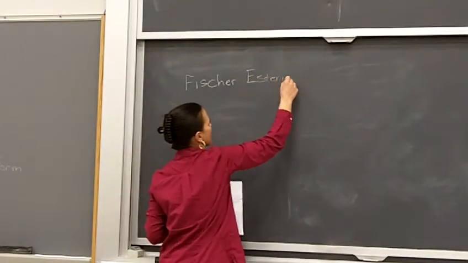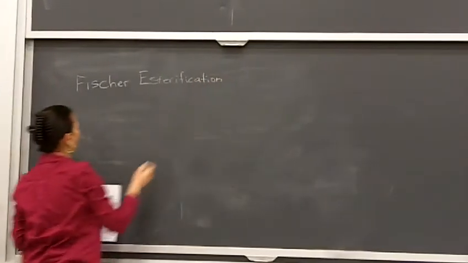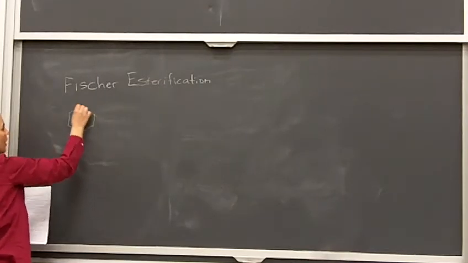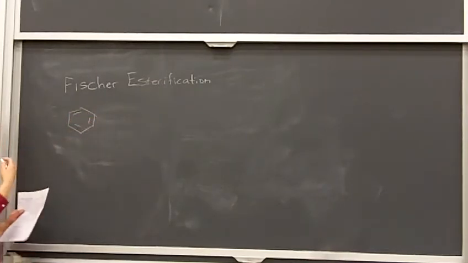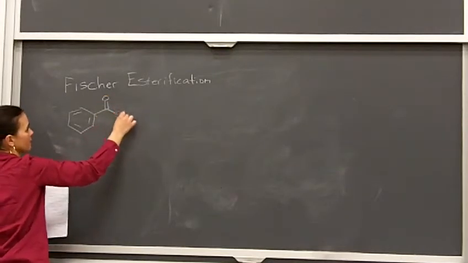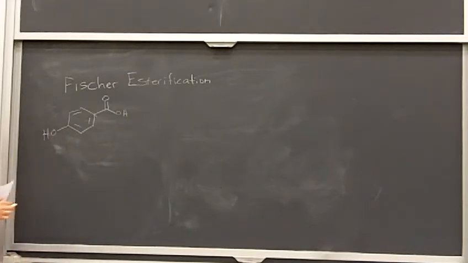So the Fischer esterification, where we are going to use, in our case, this carboxylic acid, but in general, what you usually use for Fischer esterification is a carboxylic acid. So here's ours, and you react it with an alcohol to then form the ester.